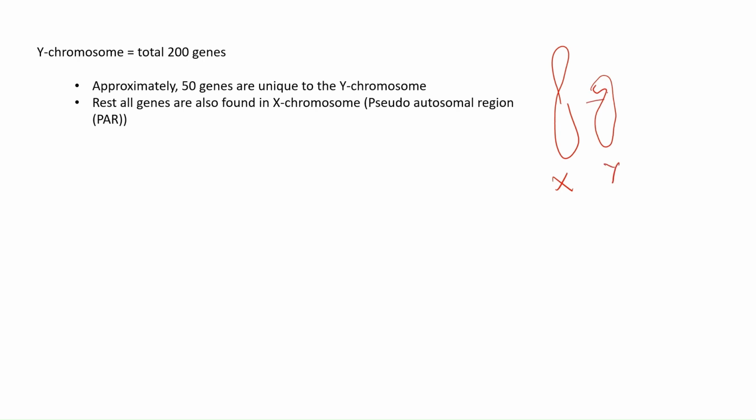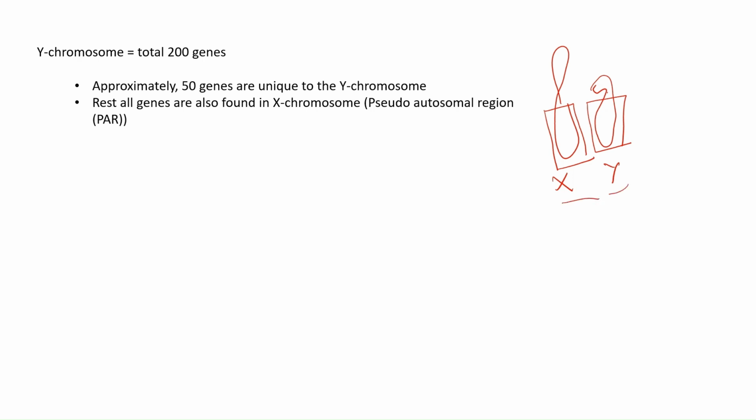The genes present in this section of the Y chromosome are also found on the homologous X chromosome. Hence, this section of the X and Y chromosomes behaves as an autosomal region. Though they are not autosomes, they behave as an autosomal region. Hence, it is known as the pseudo-autosomal region.